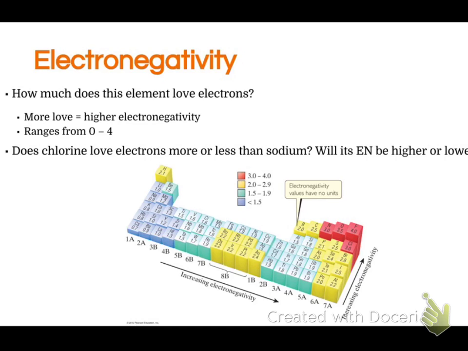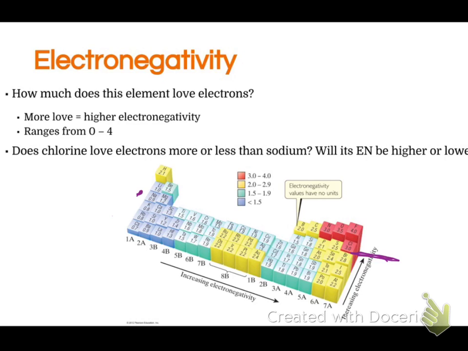We can quantify how much a particular element likes electrons or doesn't. We said that sodium really likes to give up its electrons. That means it's not very good at absorbing them, so it has a low electronegativity of 0.9. Chlorine, on the other hand, has a very high electronegativity of 3.0.